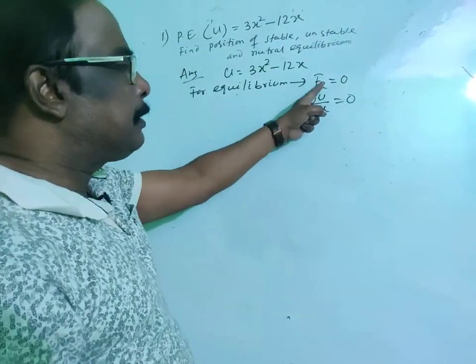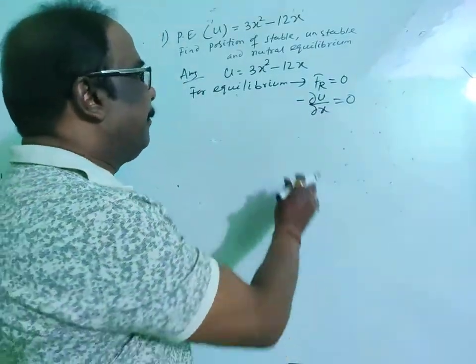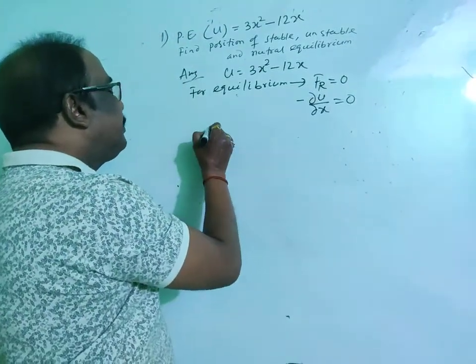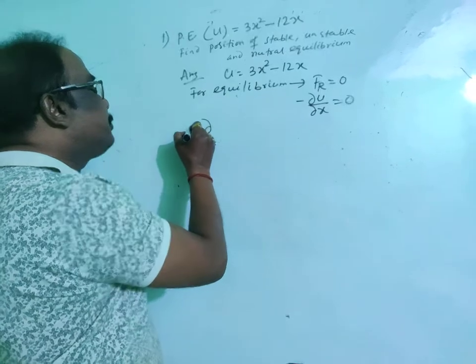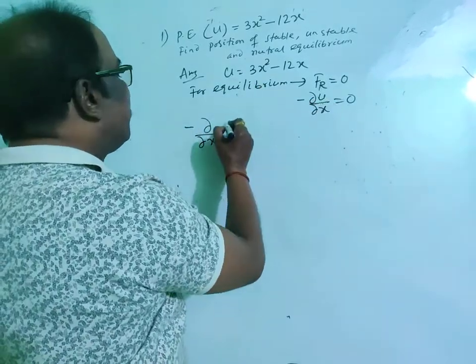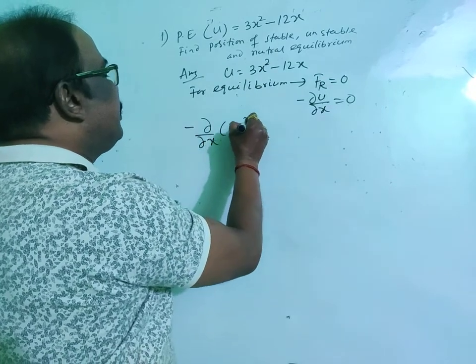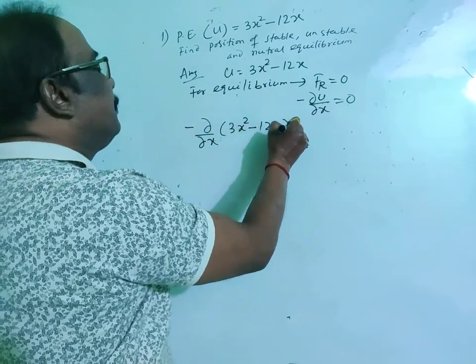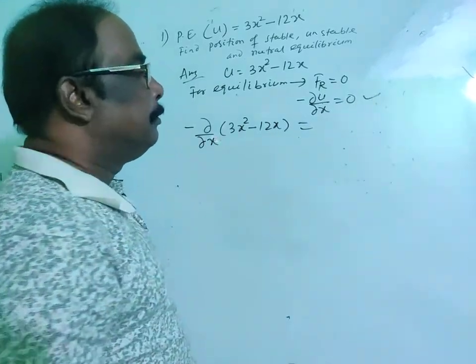These are the two basic required conditions. Then we will differentiate: minus d by dx of 3x square minus 12x is equal to 0.